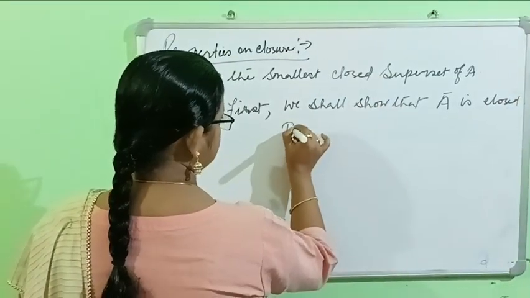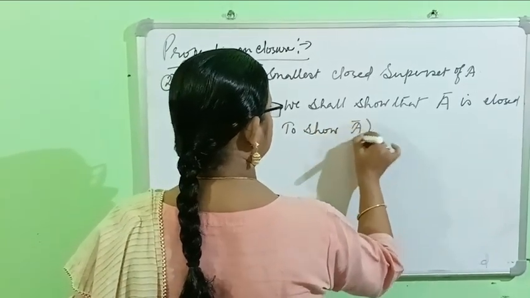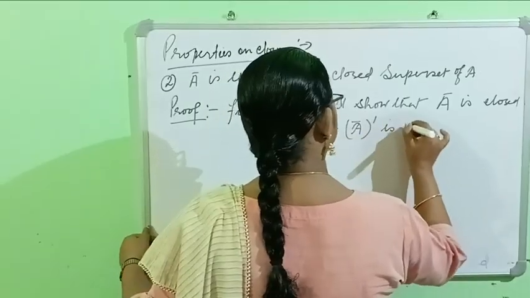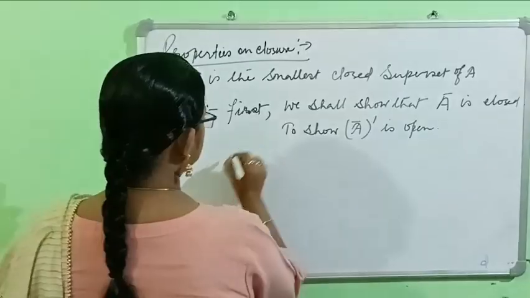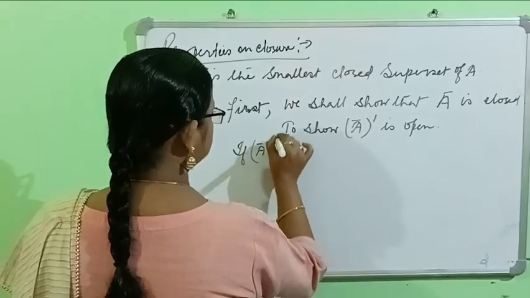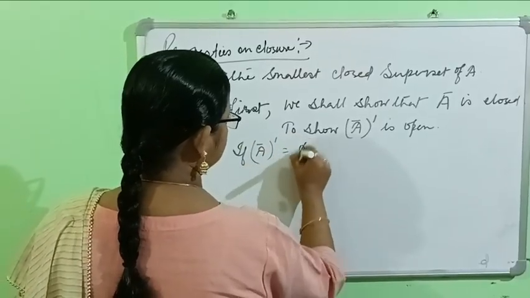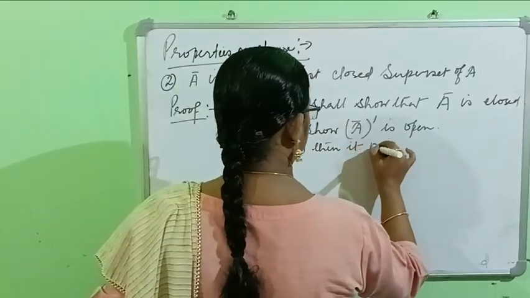It is sufficient to show the complement of A closure is open. If the complement of closure of A is empty, then we have nothing to prove. It is trivially open.